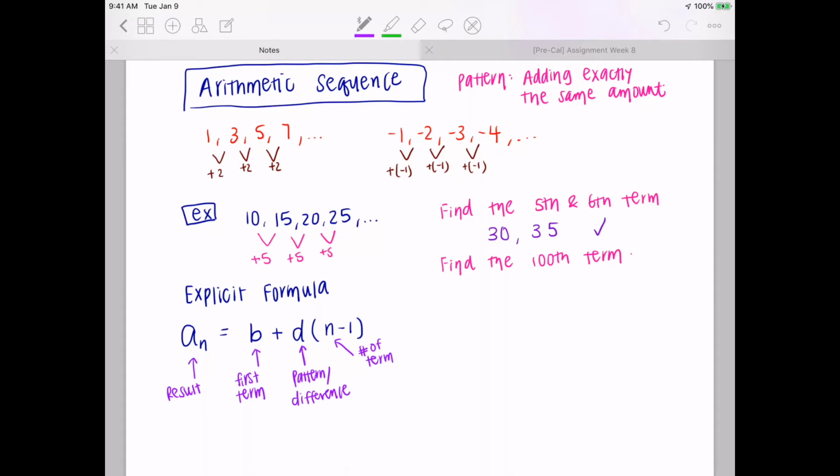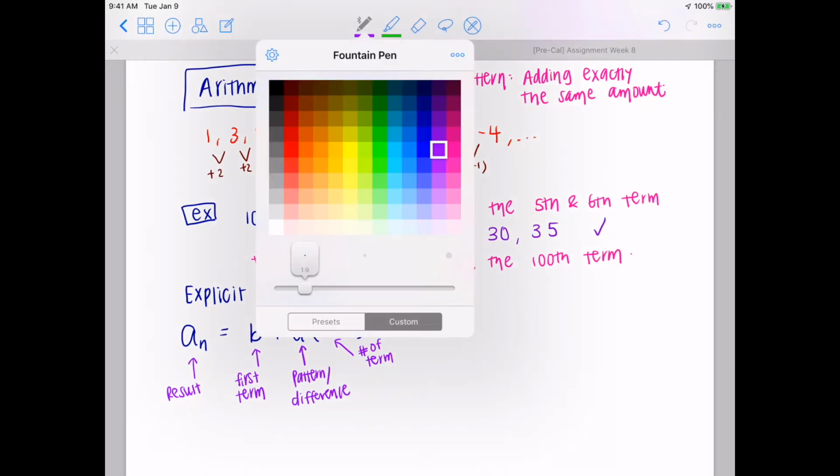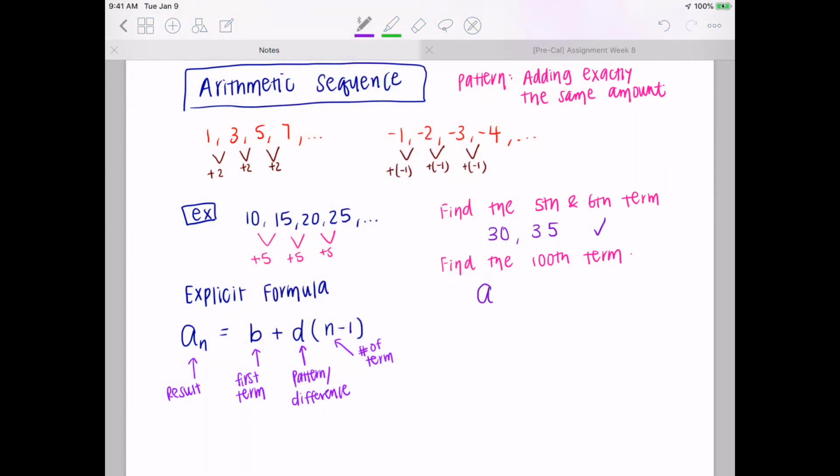In our case, if I substitute in everything to get the formula first, it would be a sub n equals 10, because that's my first number, plus the pattern 5 times n minus 1. So this is our formula, and I'm going to substitute in 100 for n to figure out what it is when it's the 100th term.